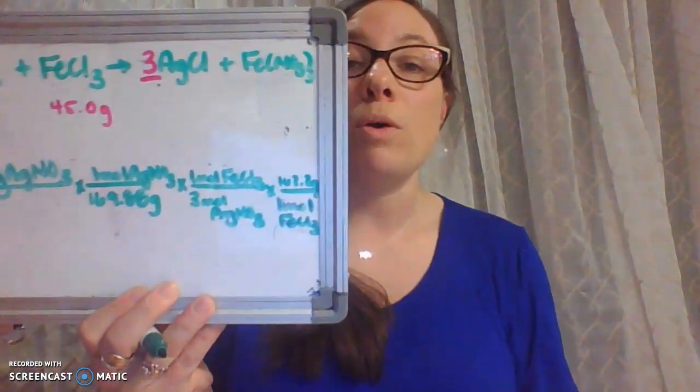And 1 mole of iron chloride goes on top. And then one more step to convert moles of iron chloride into grams. So iron 55.85 plus 3 chlorines, 162.2 grams.